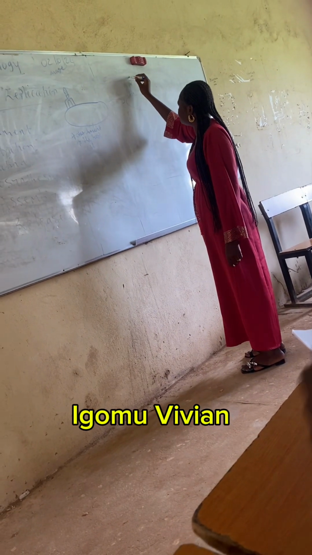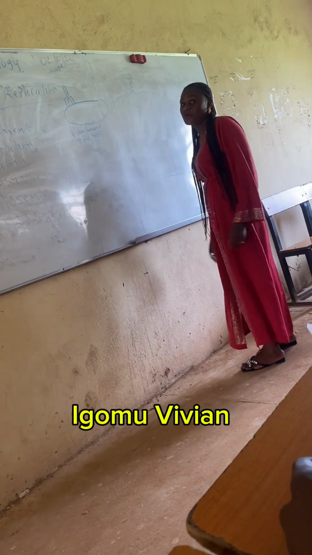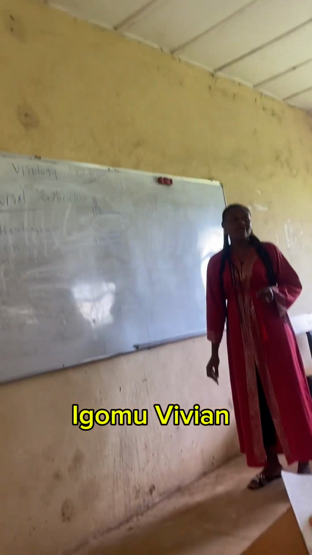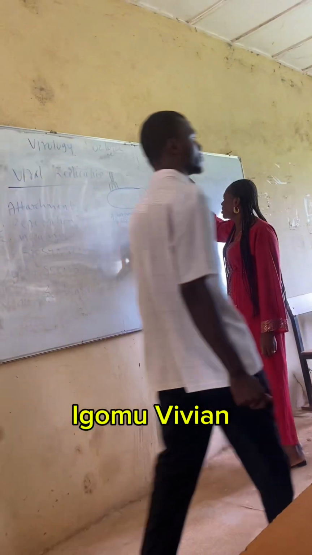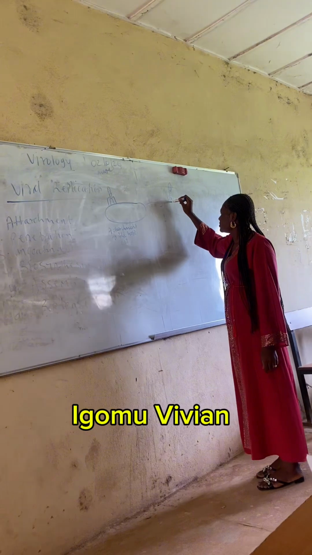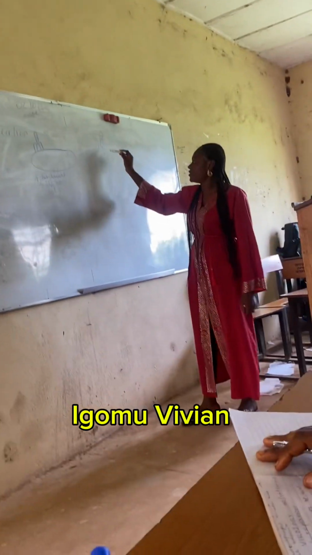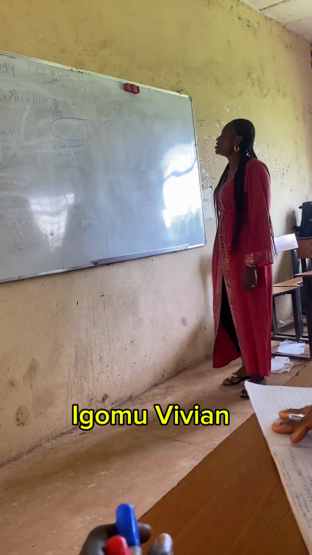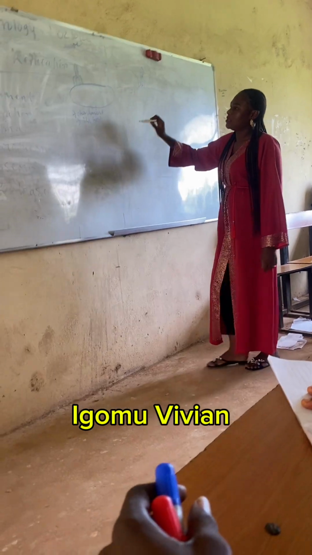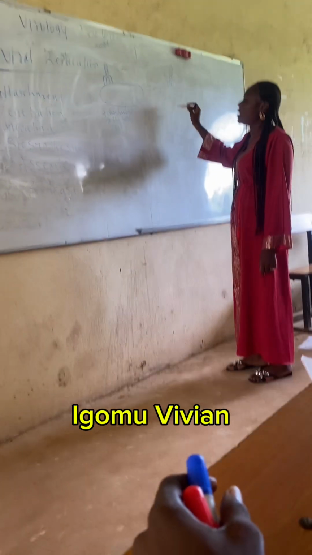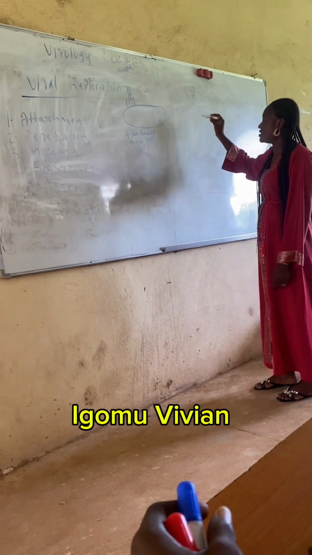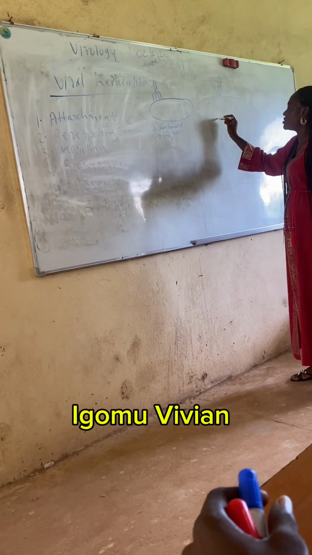And then normally, the viral particle is composed of either RNA or DNA in its genome, right? So from your genome, you have something released into the host in this form. During the penetration, the DNA or RNA in the genome is released into the cell. So this one is what? Penetration.